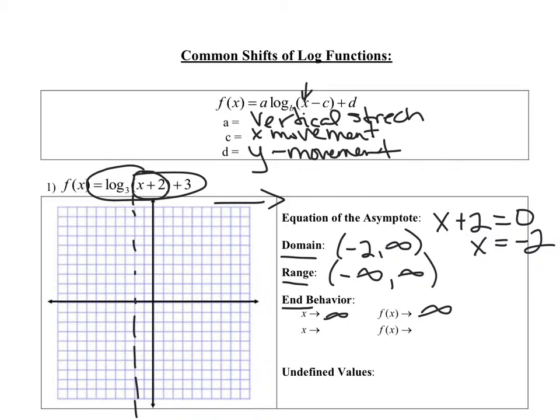And x can't approach negative infinity. The closest it can go is -2. As it gets close to the asymptote, y is going to go to negative infinity. So we can sketch a graph. The best way to sketch a graph is to plot points. So take a second and plot a couple points.